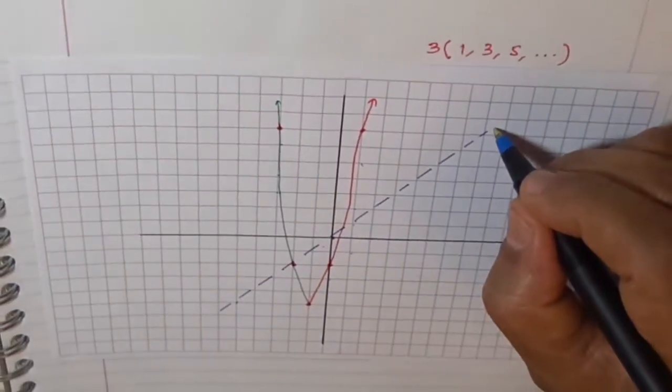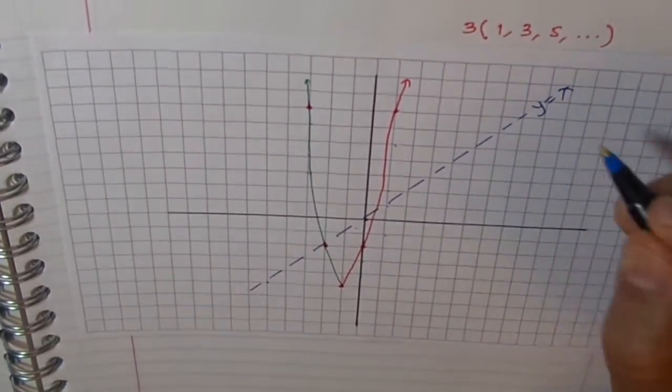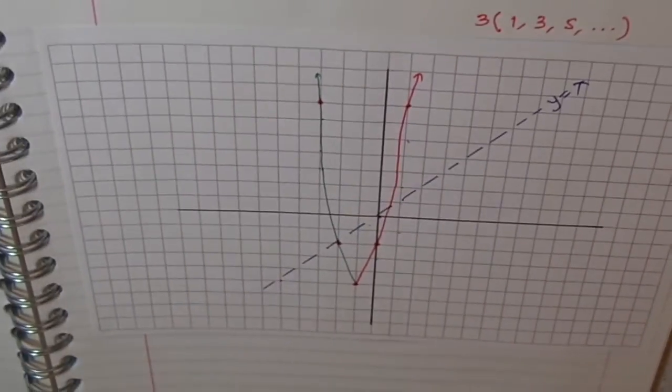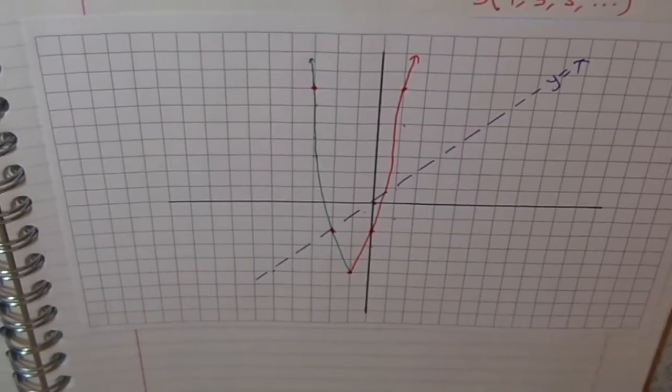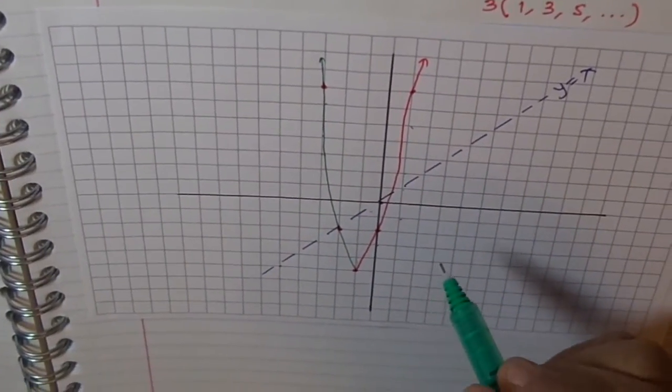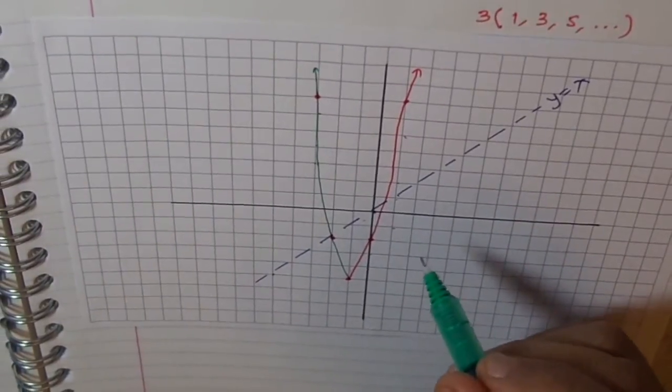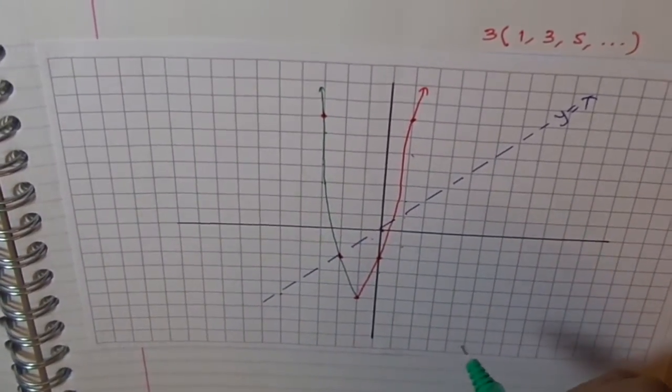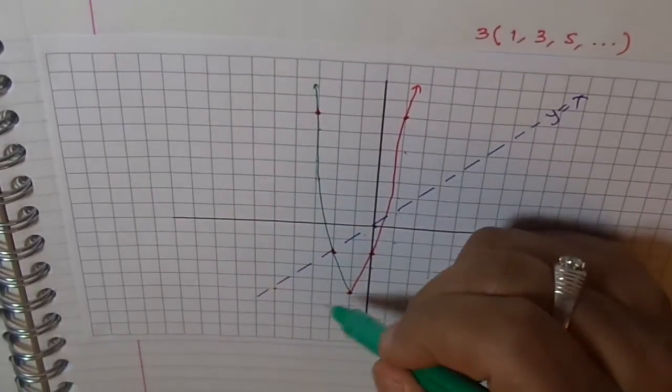This is our line y equals to x. So if we reflect it on this. See, I'm also using this technique of showing you how to find inverse or how to plot inverse from the graph.